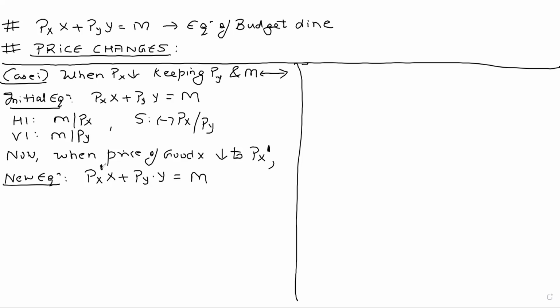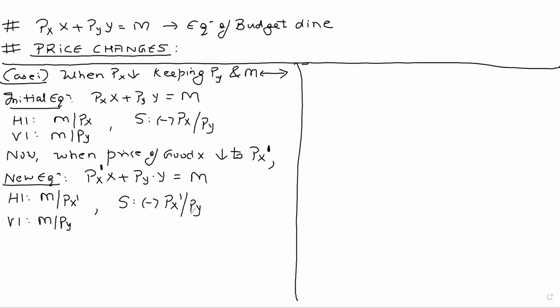This is going to be our equation when price of good x falls to px dash. Okay, so this is our new equation. Horizontal intercept m upon px dash, vertical intercept m upon py, slope of the budget line minus px dash by py.